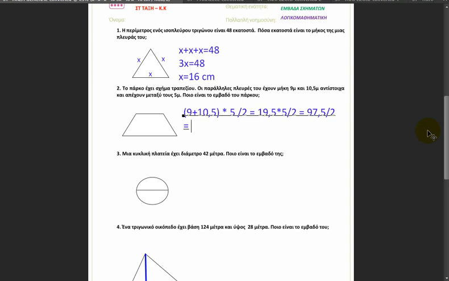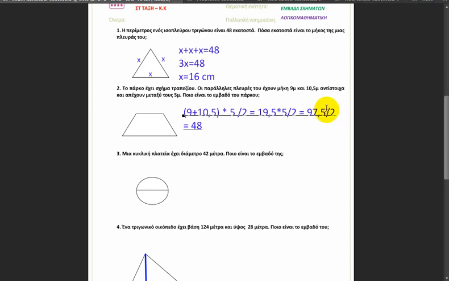Let's think. Half of 97 is how much? That would be 48.5.